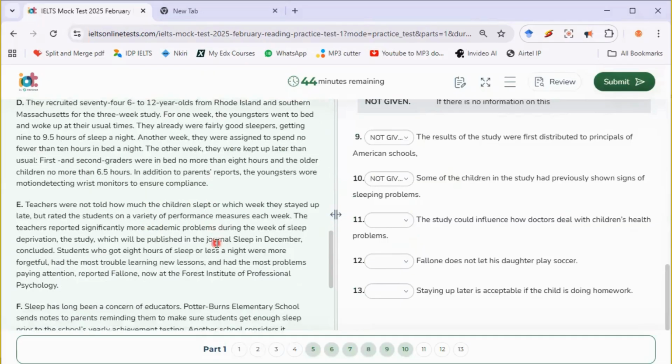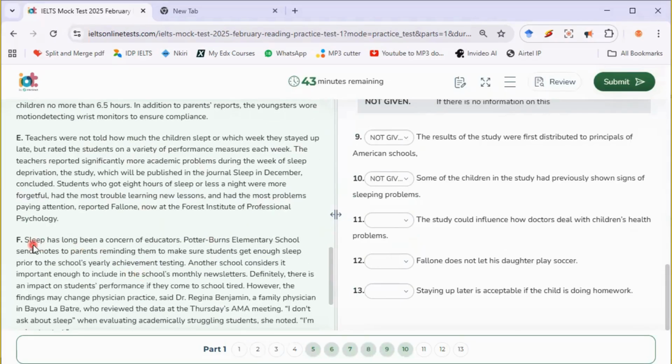Parents? No. What of paragraph E? Teachers were not told. Okay. The teachers reported significantly more academic problems. Students who got 8 hours of sleep were more forgetful. Okay. Paragraph F. Sleep has long been a concern of educators. Oh, educators. That sounds like principal. Remember, I was looking for principal earlier on.